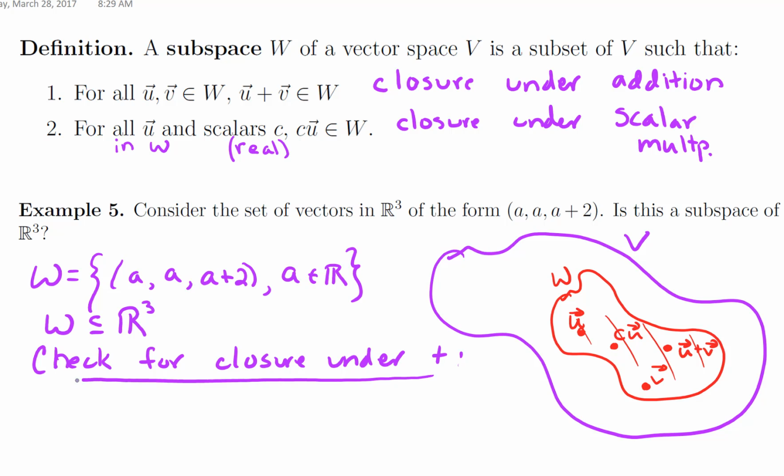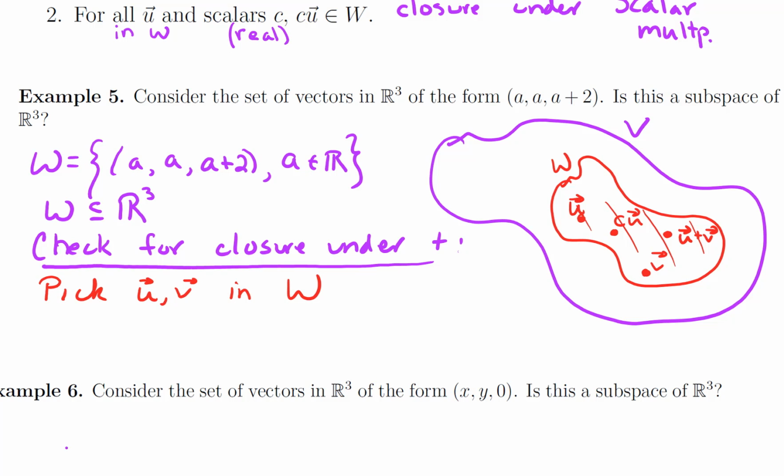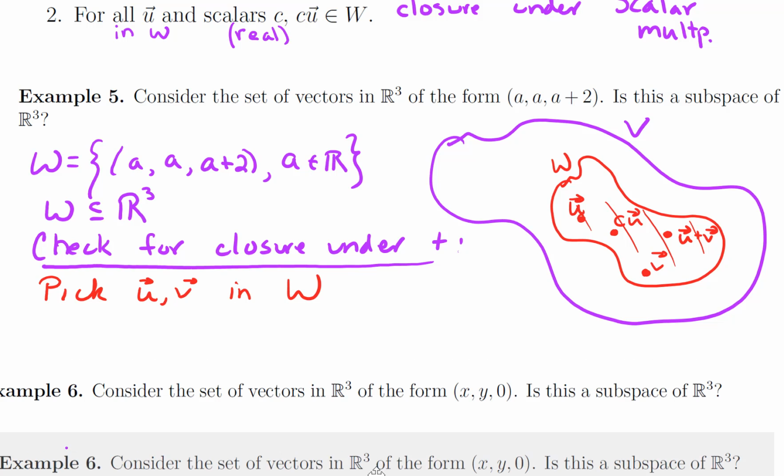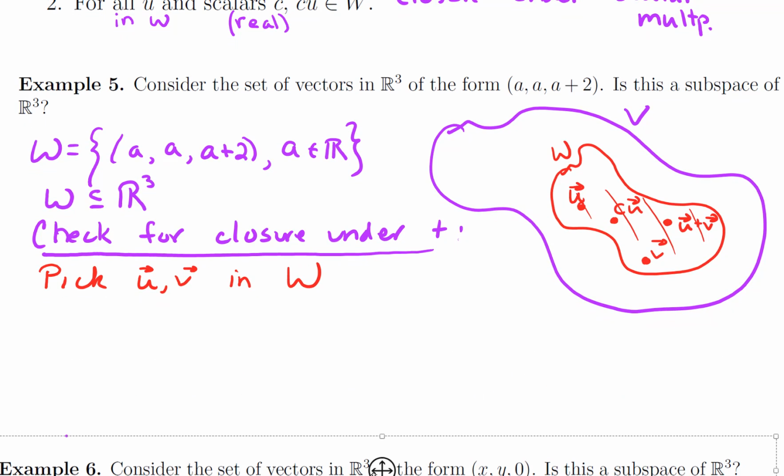If we check for closure under addition, the first thing we need to do is pick 2 vectors, U and V, in W. If we have some vectors living in W, it must mean that U is of this form.